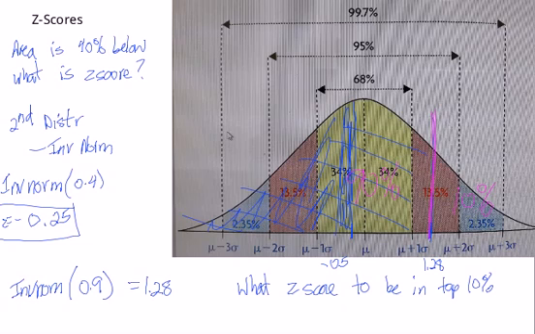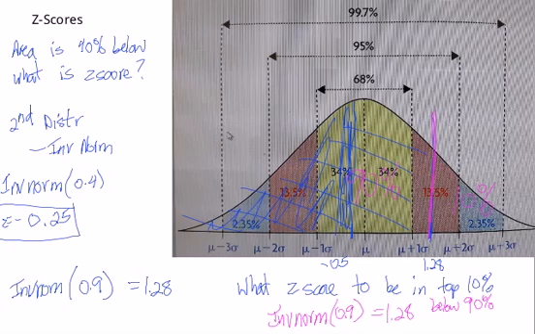So anytime it's looking for to the right or the top portion of the graph, we still do the same thing. We got to put in inverse norm, but we don't want the top part. We always want the less than part or the below part. So we still put in 0.9, because if we have the top 10%, that means we have 90% below. We still would use the 0.9, and we get 1.28.